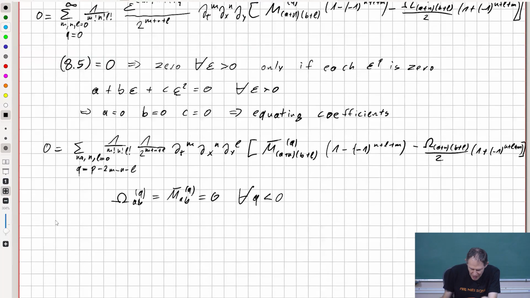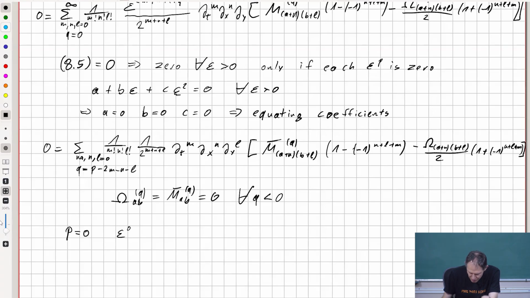So what does this help us? Now we have to assume a certain value for p. A certain value for p, for example p equal to 0, means we look at the part of the equation that comes with epsilon to the power of 0, right?